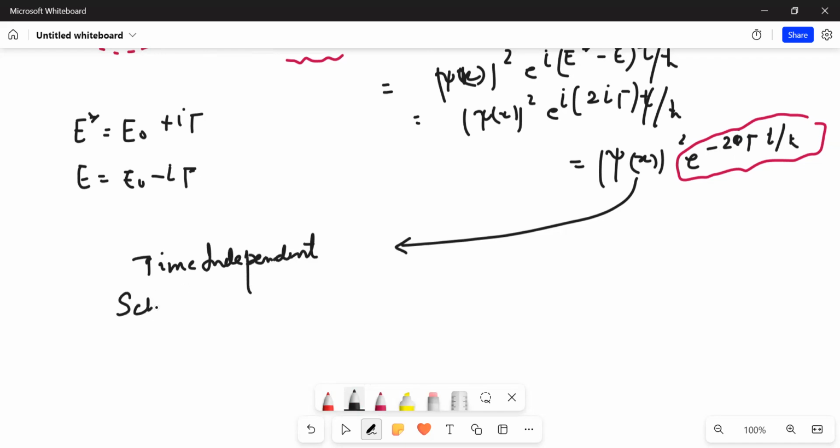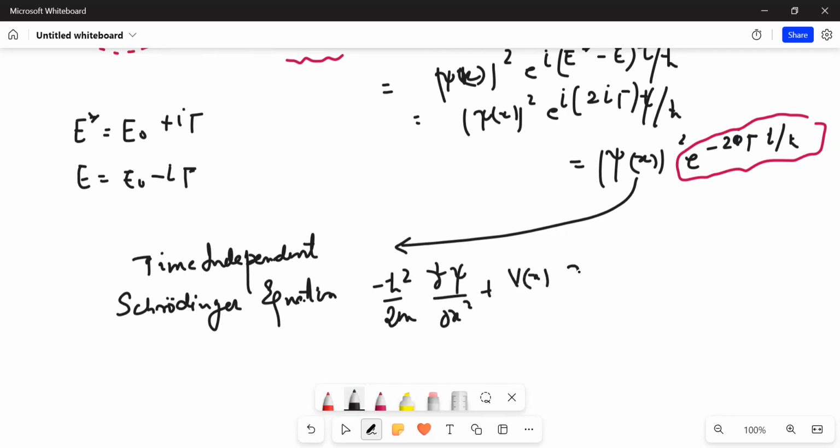The time independent Schrödinger equation is an eigenvalue equation given by minus ħ² upon 2m, and then you have ∂²ψ upon ∂x², plus V(x)ψ is equal to Eψ. In terms of operators, I can say Ĥψ is equal to Eψ. Here Ĥ is the Hamiltonian operator.